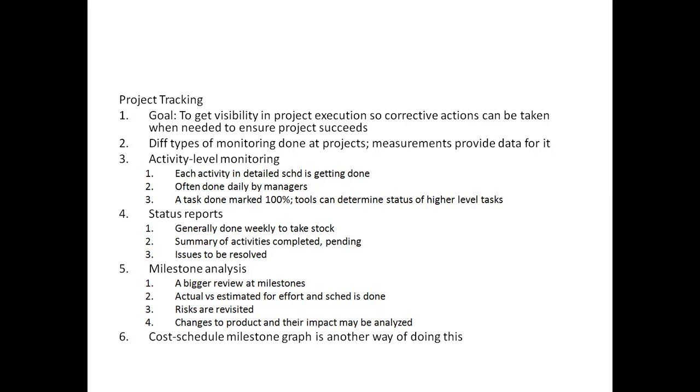Now coming to the status report, the status reports are prepared weekly to take stock of what has happened and what needs to be done. Coming to milestone analysis, it is done at each milestone or every few weeks if milestones are too far apart. Analysis of actual versus estimated effort and scheduling is often included in the milestone analysis.